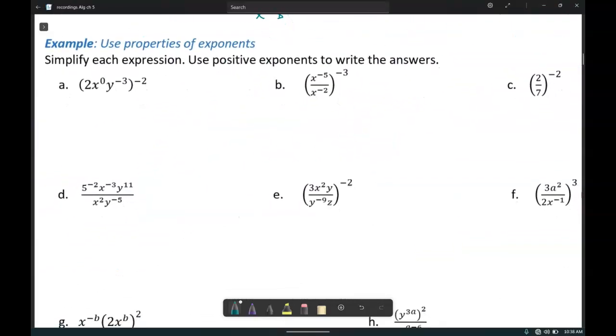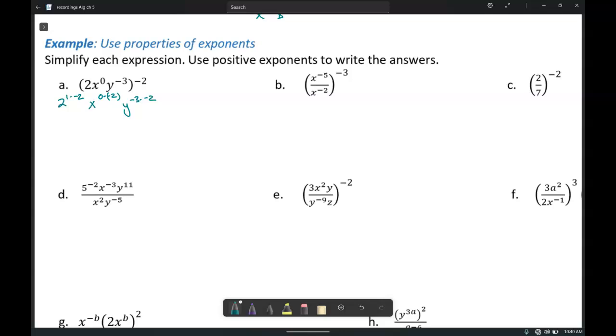Now let's mix all these properties together in order to solve. Let's start by applying our power rule. Keep in mind that we have x to the 0 power. That factor is going to end up going away, but we can go ahead and work through it. 2 has a 1 exponent, 1 times negative 2. 0 times negative 2.